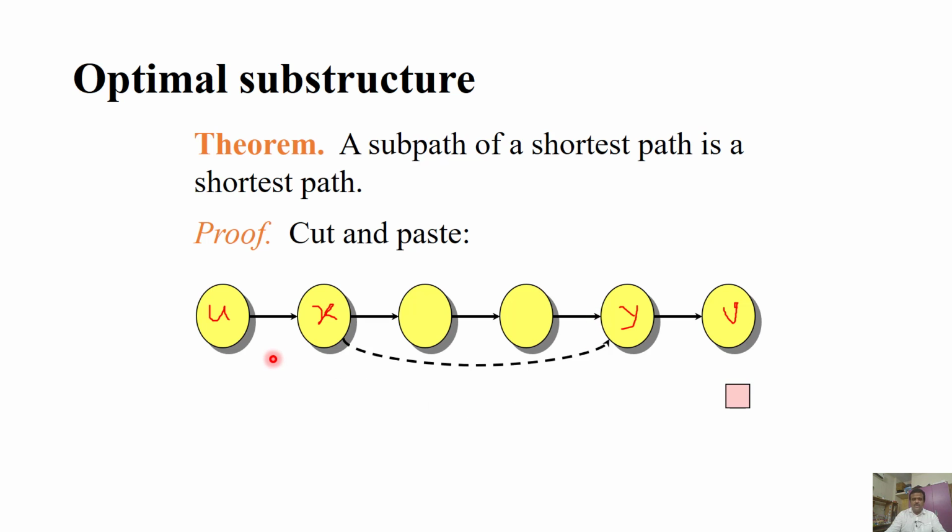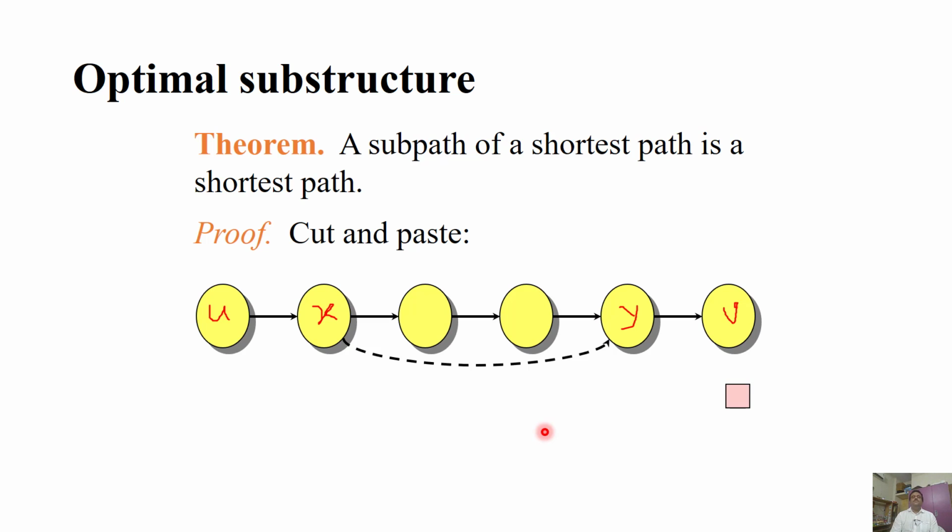Now, if we take a path from u to v like this, we go from u to x, then we take this new path, and then we go from y to v. The weight of that path will be less than the weight of the original path, because the weight of the new subpath is less than the weight of the old one. So, the weight of this new path is less than the weight of this path, which contradicts the fact that this is a shortest path from u to v. So, that is the proof.